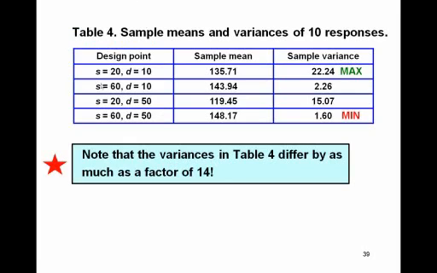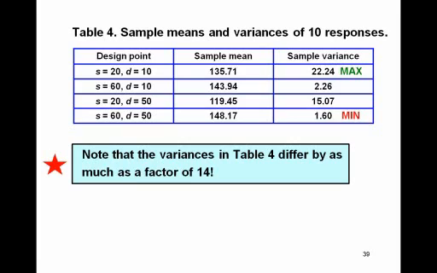So for example, one of the design points is running our simulation with little s equals 20 and little d equals 10, which is equivalent to having big S having a value of 30.